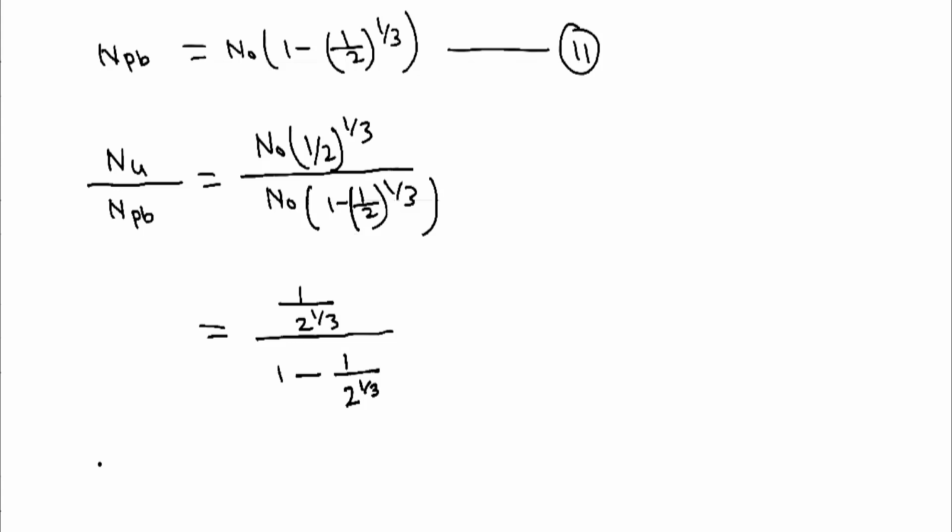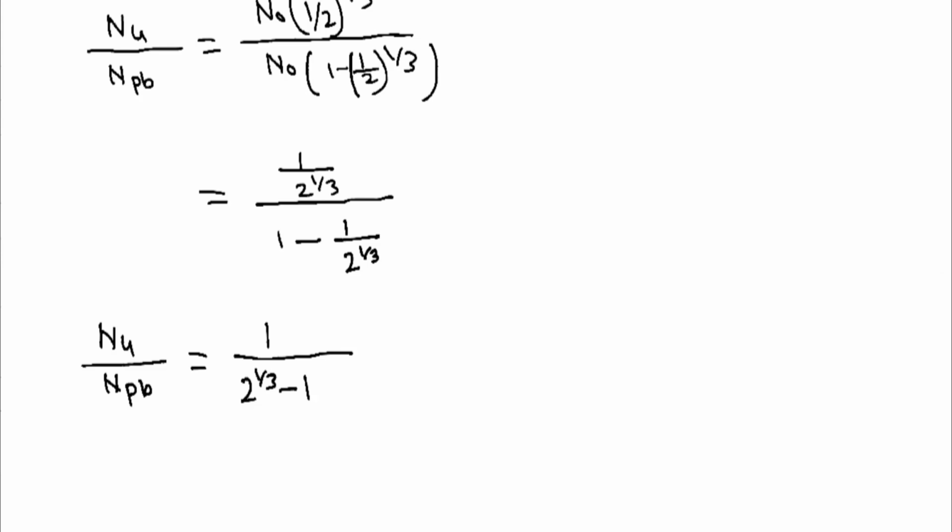So from here Nu divided by NPV ratio is equal to 1 divided by 2 to the power 1/3 minus 1.